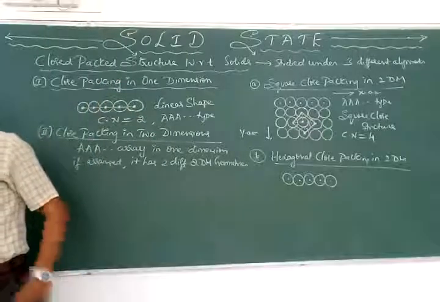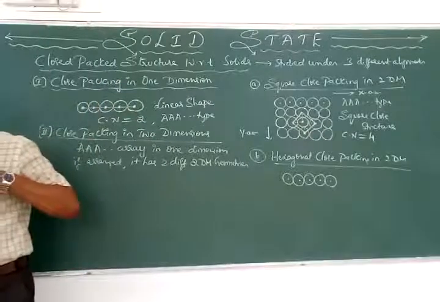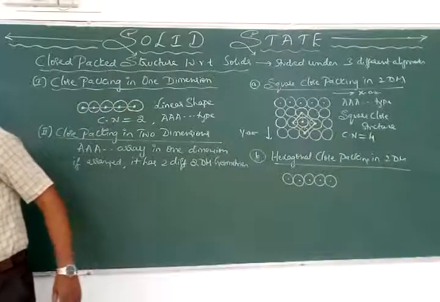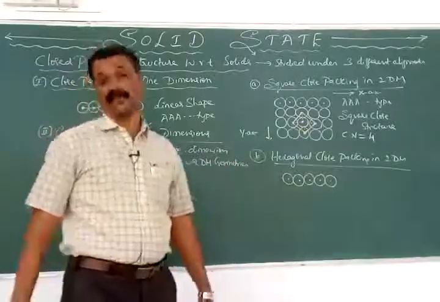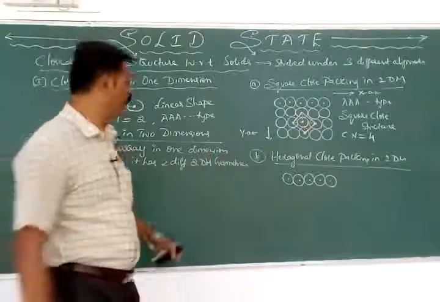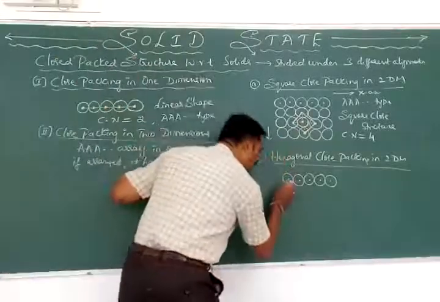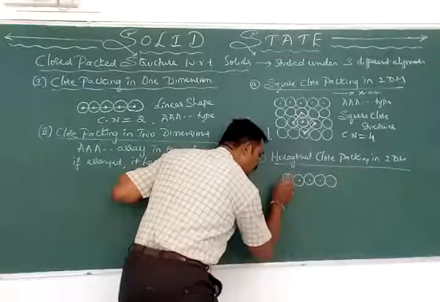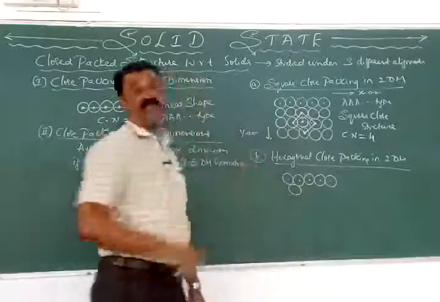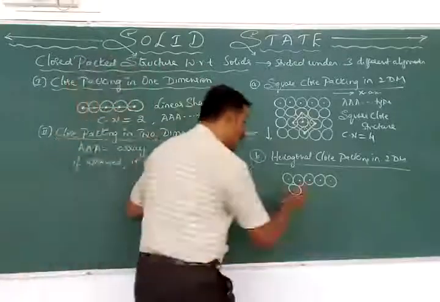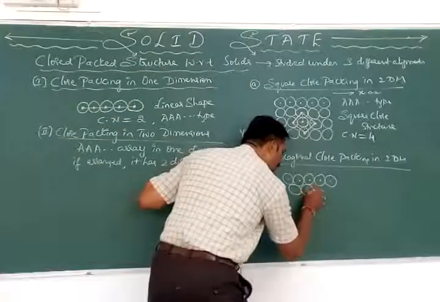Let's have the alternate, different one. What's different here? The second case is hexagonal close packing in 2 dimensional. Instead of putting the sphere exactly below that, if I put it in between the 2 spheres of the first layer, I will get a different geometry like this.